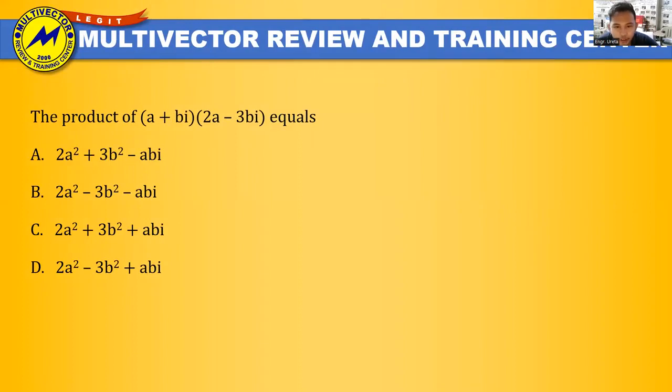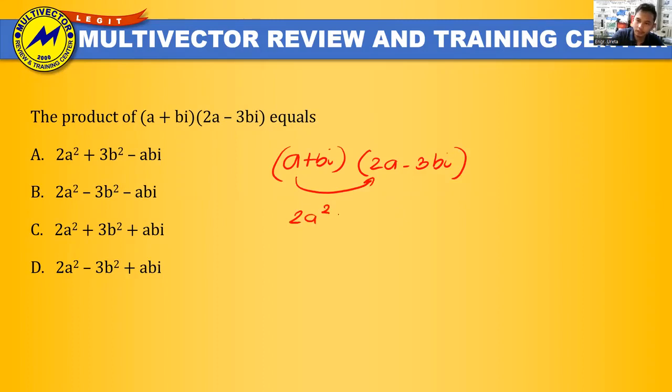Okay, next. The product of A plus Bi multiplied by 2A minus 3Bi equals blank. Okay, so multiplication lang. So direct lang natin, no? So FOIL method. 2A square plus first inner, 2ABi outer, plus minus 3B square i square.